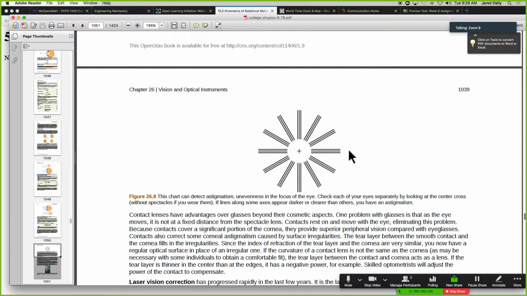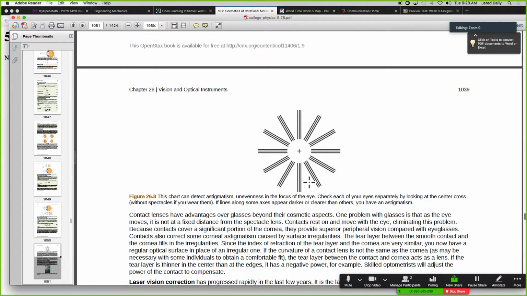That means that my eye has an astigmatism in the direction that it's in focus, and my lens has been bent that way. My astigmatism is actually a little bit between here and here. Mine's a little bit off kilter there.